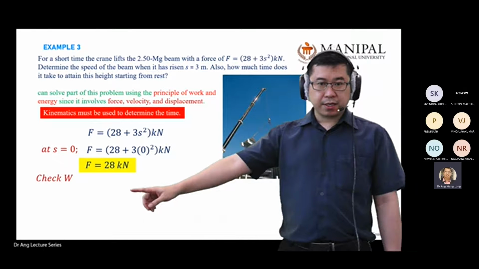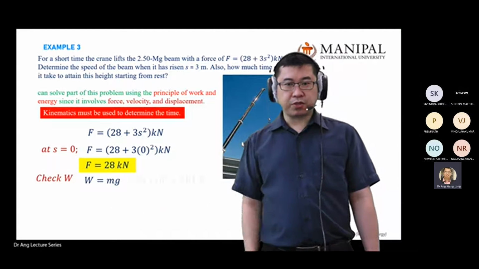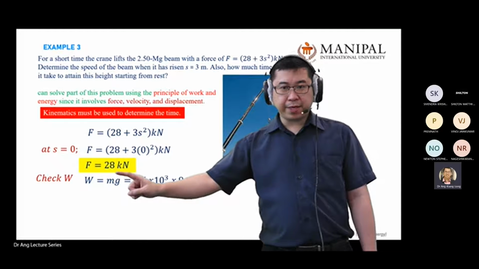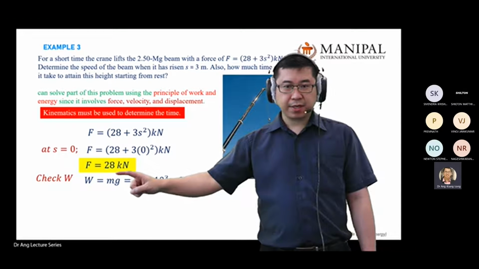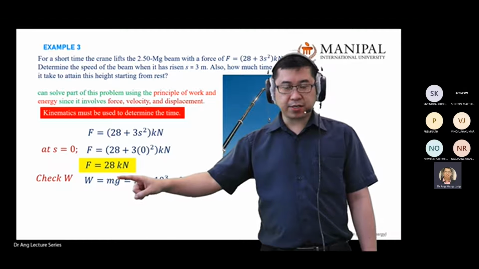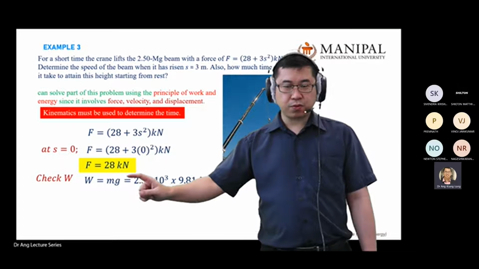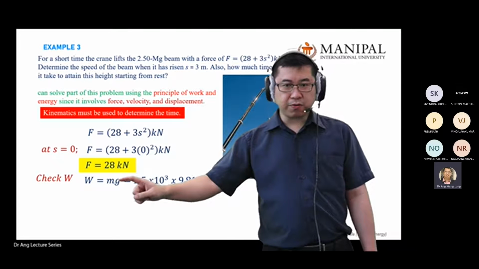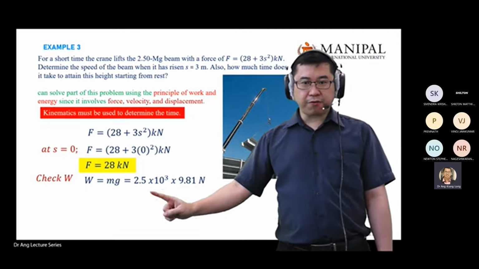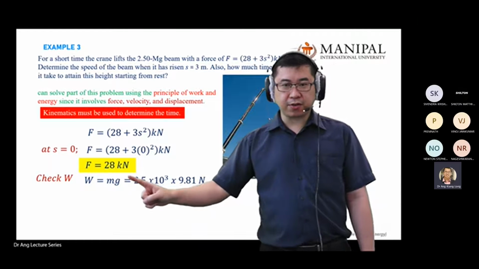Then check your W, right? W you know equals mg. So again, m is in kilograms, times the gravity acceleration, 9.81 meter per second squared.